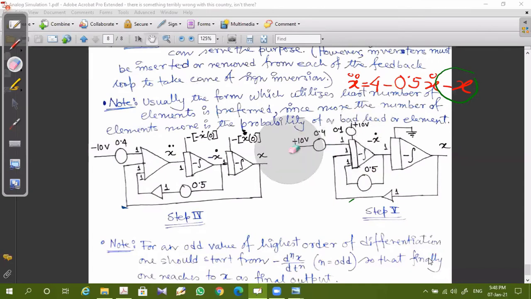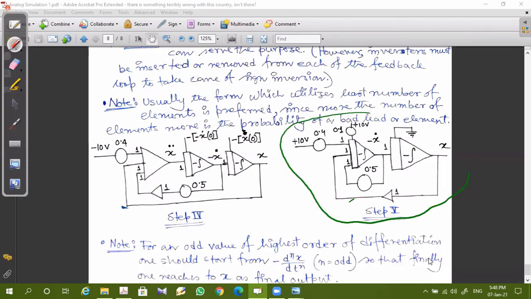right? So given any differential equation, if you're asked to solve the differential equation and show the actual response of this variable x with respect to any input, then this will be the circuit of interest. So this is how you obtain the analog simulation of a differential equation, and from that you obtain the corresponding output or the nature of the output directly.